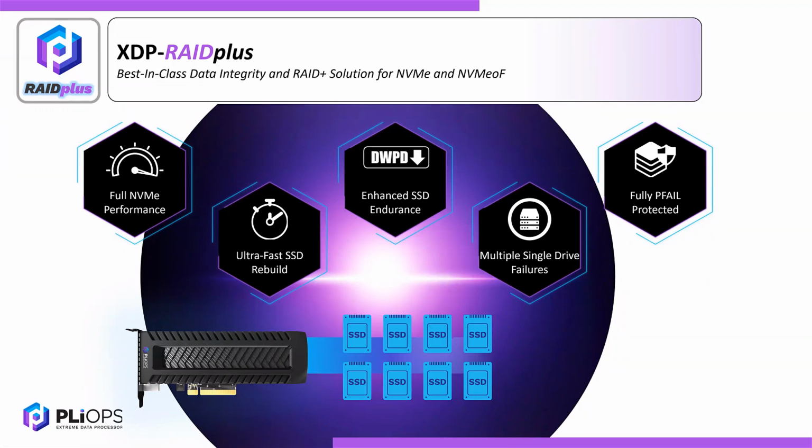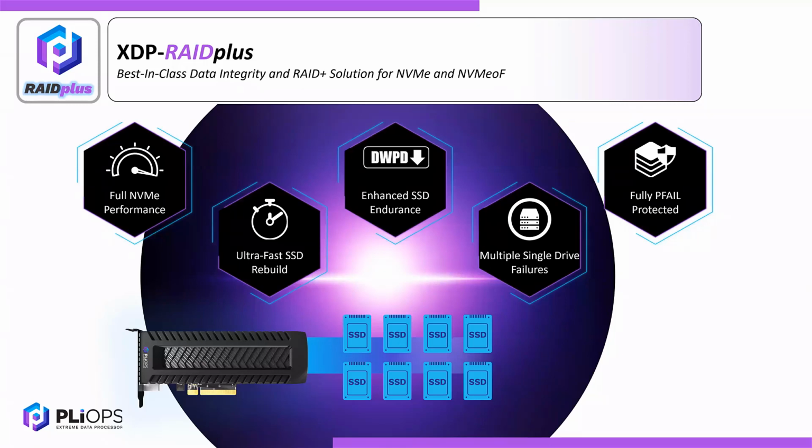This is very clever. Our RAID algorithm is a distributed RAID algorithm. So we don't need a dedicated drive for parity. We also don't need a dedicated drive for a spare. So we distribute that across the array. And what does that mean? That means that even a spare drive ends up being used as capacity available to the user.